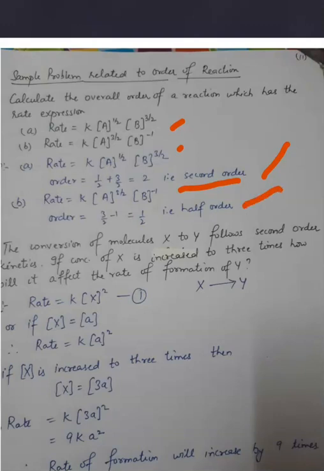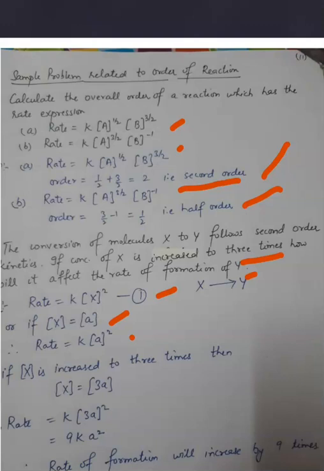The next question is the conversion of molecules X to Y follows second order kinetics, means the reaction is of second order, so rate depends on X to the power 2. If concentration of X is increased to 3 times, how will the rate of formation of Y be affected? Let us consider the concentration of X is a, so rate will be K a to the power 2.